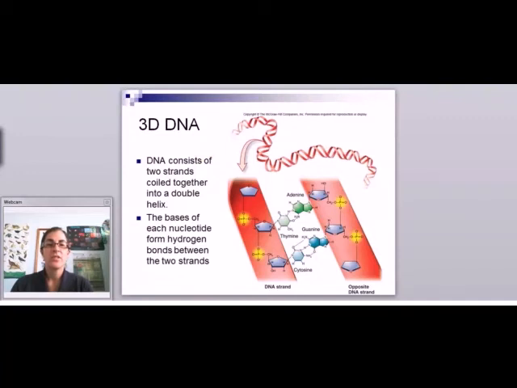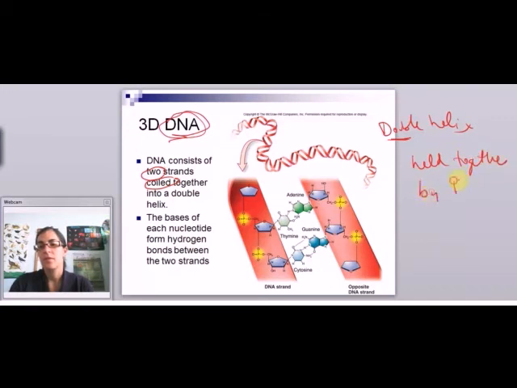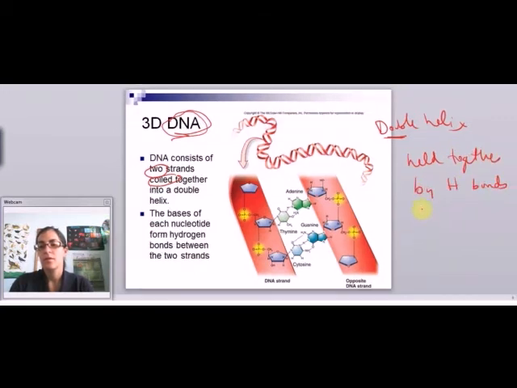DNA takes on a very particular three-dimensional shape called the double helix. And notice that this is just true for DNA, not for RNA. The double helix gets the double part because it's 2 strands. And it's a helix because it's a coil. So here are the 2 strands. They're going to be held together by hydrogen bonds between bases.